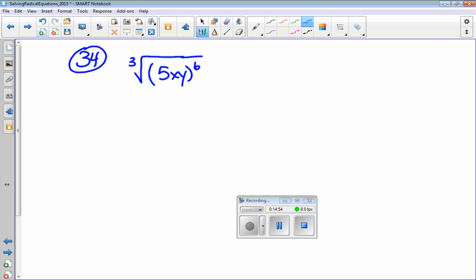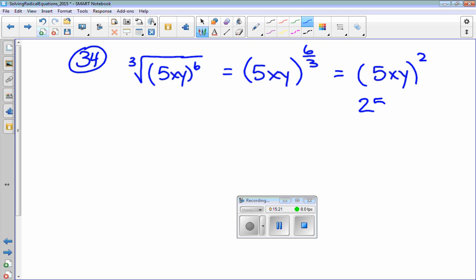Can't I rewrite this, and this is what a lot of you did, 5xy, all of it raised to the 6 divided by 3 power, which is 2. So we're going to do that, 5xy squared. And then because there are no pluses or minuses in here, can't I apply that exponent to everything on the inside? So it becomes 5 squared, x squared, y squared. So most of you stopped short.